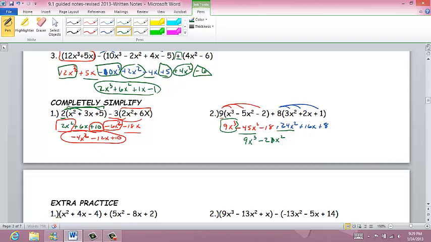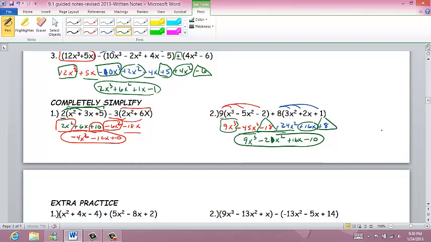Oh, sorry, negative 21x squared. Then you have your 16x. Nothing can be combined with that, so I just rewrite it. And then negative 18 plus 8 is going to give me negative 10. So I distributed it, combined like terms, and made sure I wrote it in standard form.